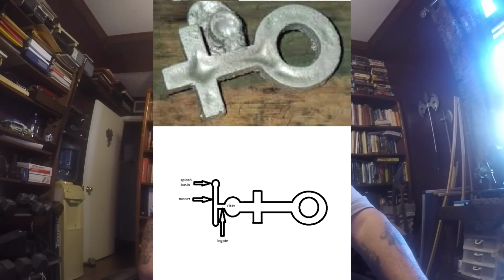If you were to put a riser on the very end of that cross-shaped portion and you put the ingate directly into the riser, if you made a runner that when it left the splash basin you left about an inch or an inch and a half of runner past the ingate, any of the dross that you might have manufactured when you poured the metal would have been pushed past the ingate before the runner would have filled up and allowed the metal to enter the ingate, and then the metal would have gone straight down the channel that is represented by the mold cavity.